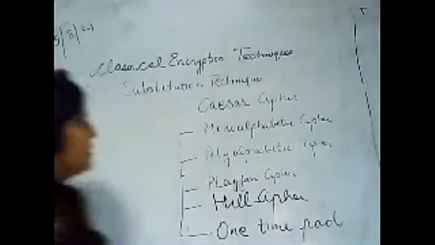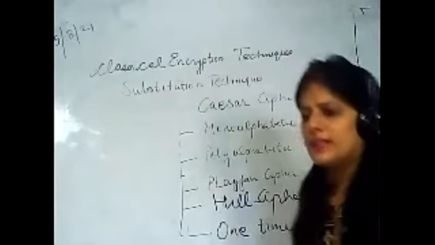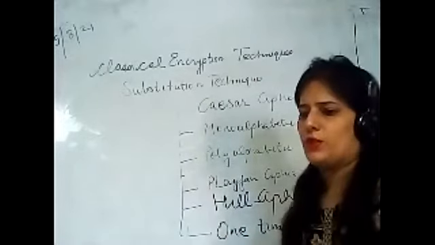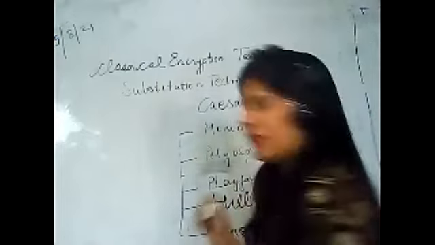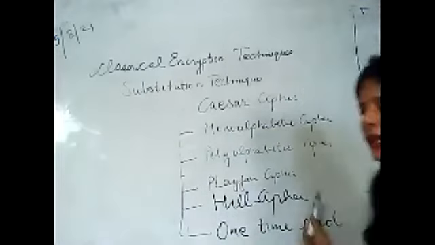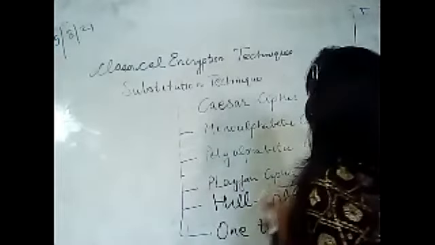So these are the types of substitution techniques that we will be discussing under this category. Starting with the Caesar cipher, then the monoalphabetic cipher, polyalphabetic cipher, Playfair cipher, Hill cipher, and finally the one-time pad cipher.